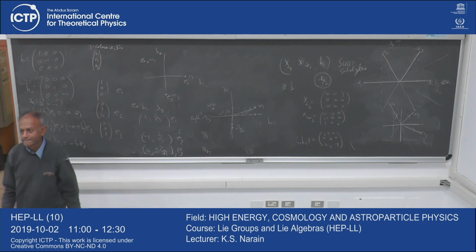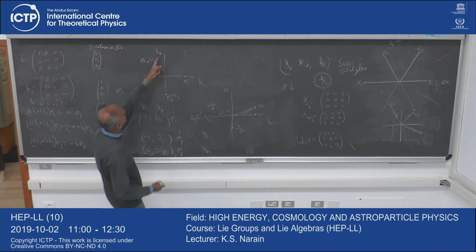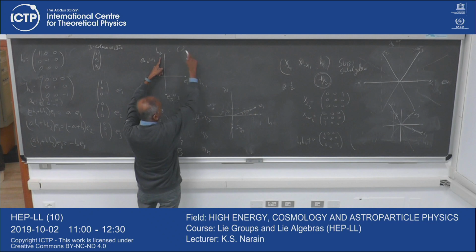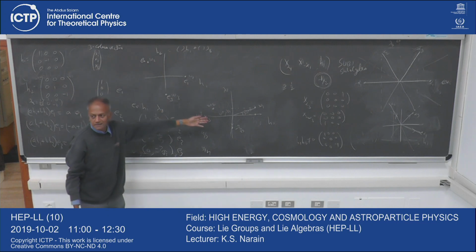We can also make a connection of this diagram with the physics of quarks, that is isospin and hypercharge. Can we do this with that diagram? It's not important, right? Because after all, H2 is some combination of H1 and lambda 8. So it's just rewriting this in a different way.